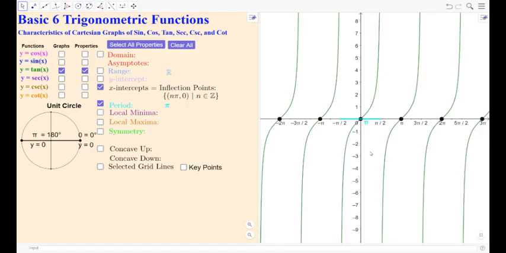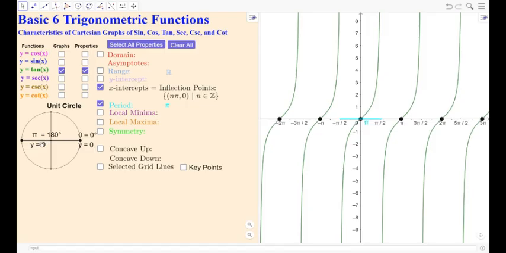We know that if you shift by 2 pi, you're going to get the same thing because that's just going around the unit circle one more extra time. But we get a bonus here on tangent and also cotangent, where the period is only pi. So the full pattern is repeated between, say, negative pi over 2 to pi over 2, or any continuous length of pi. That's going to be one period.